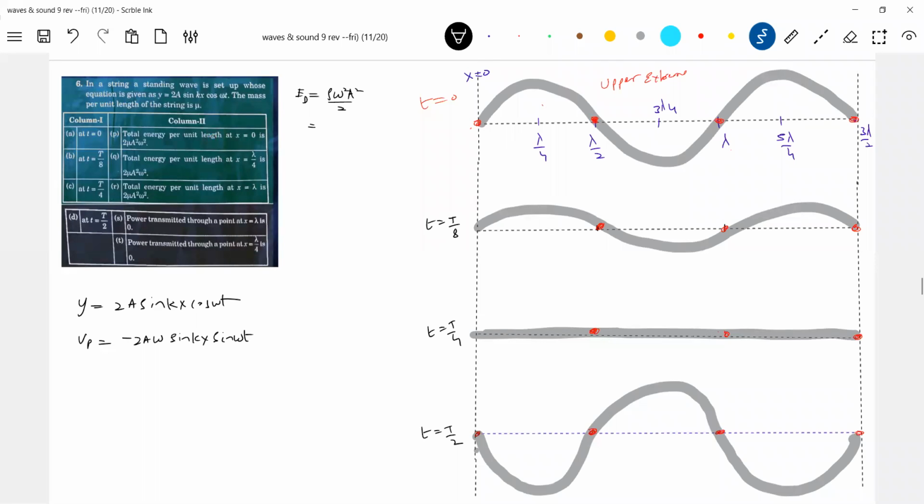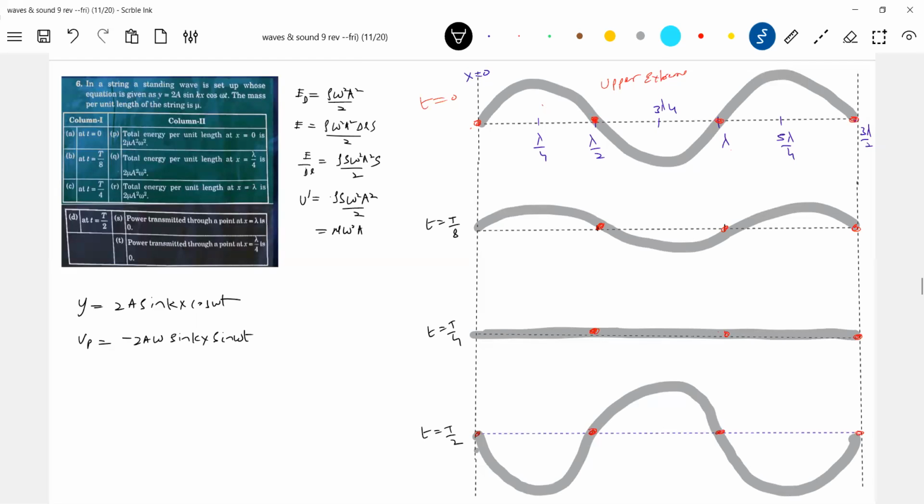So now let me do one thing. Rho omega square a square by 2, for some length of the rope delta x into area of cross section S. So this will become energy. This energy per unit length, or E by delta L, let me call U or U dash, whatever you want to write. So rho into S, what can we write further?